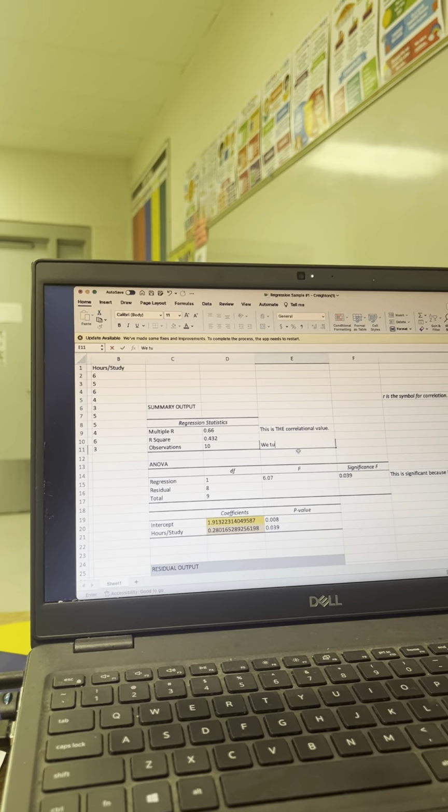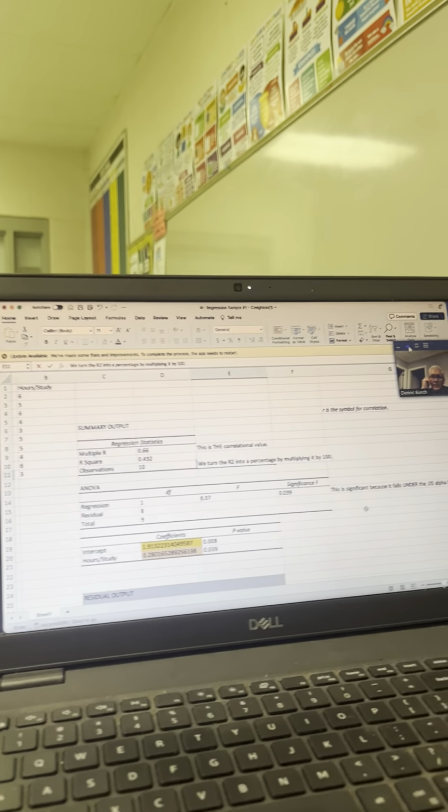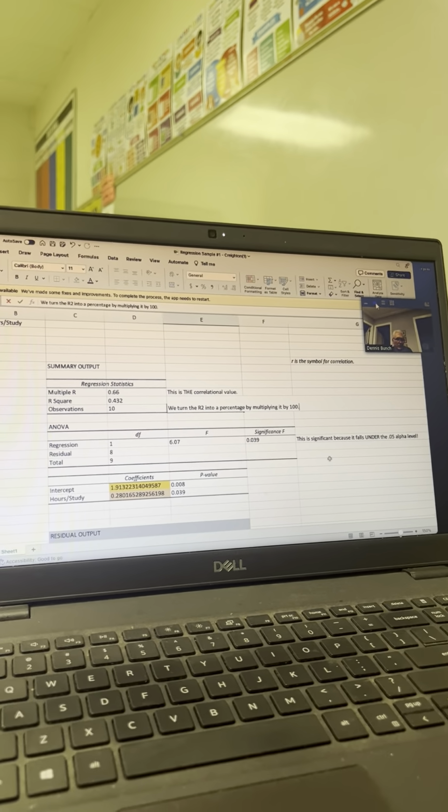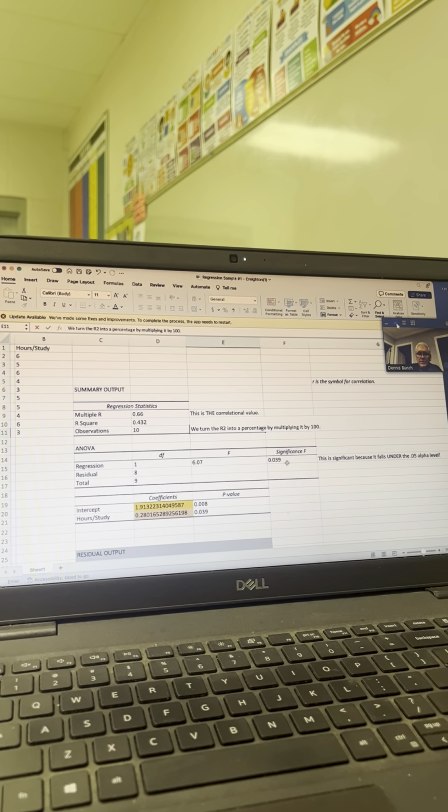So in that instance, we turn the R squared into a percentage by multiplying it times what? Moving the decimal 2 places. Multiplying by 100. That's the same thing as moving it 2 places. So that's what we do.